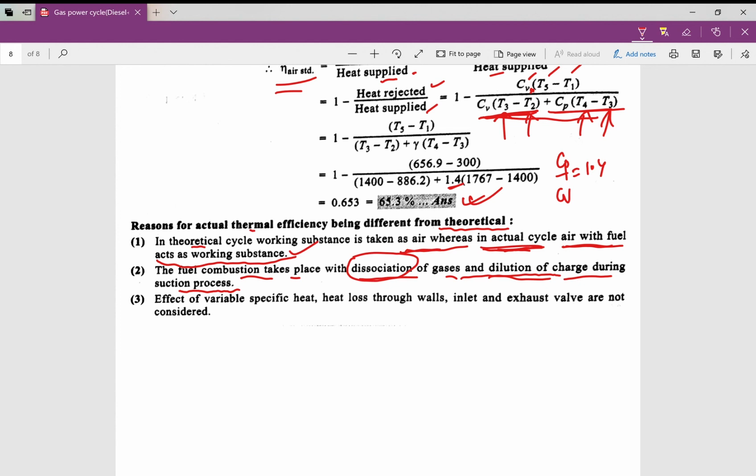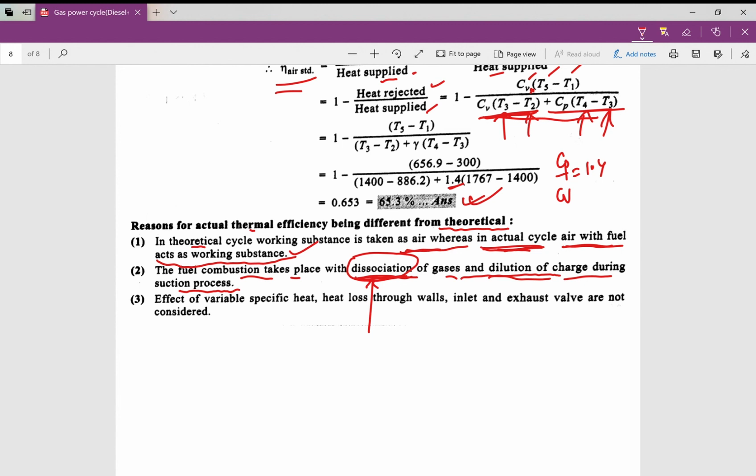Therefore, provision is made for proper cooling of the cylinder, to maintain the temperature within the limit after burning of fuel. Otherwise, dissociation of fuel, petrol and diesel, will take place.